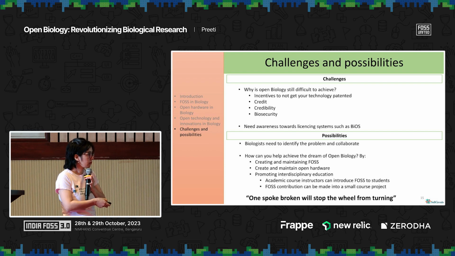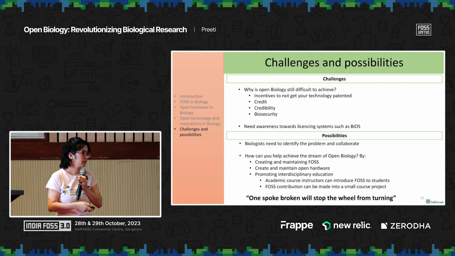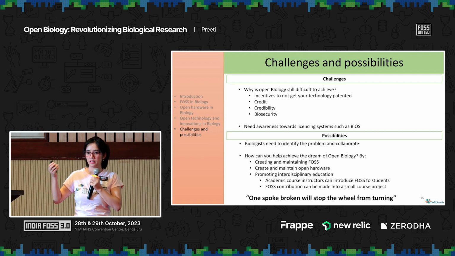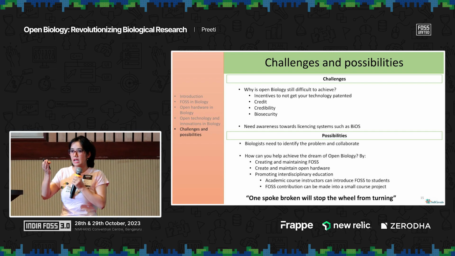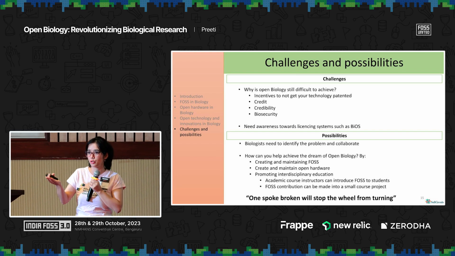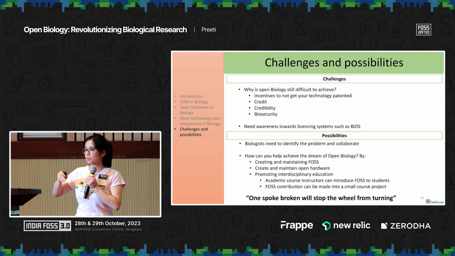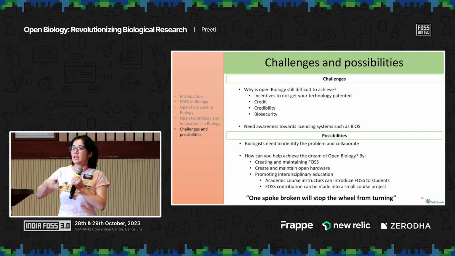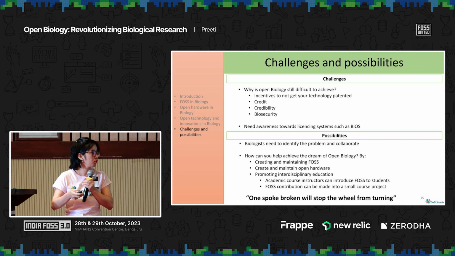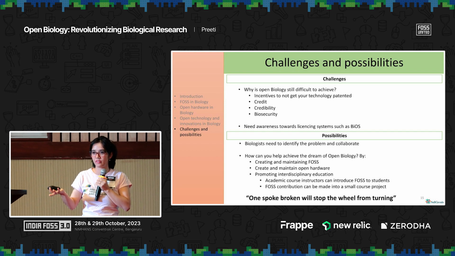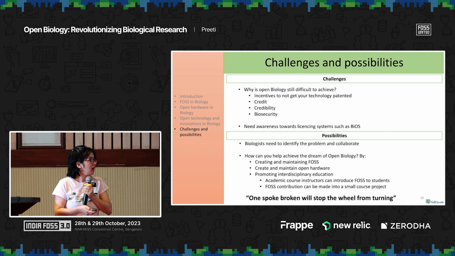And academic course instructors can introduce FOSS to the students, and FOSS projects can be incorporated as course projects. That way, the students can contribute to FOSS, and at the same time they can improve their CV, right?